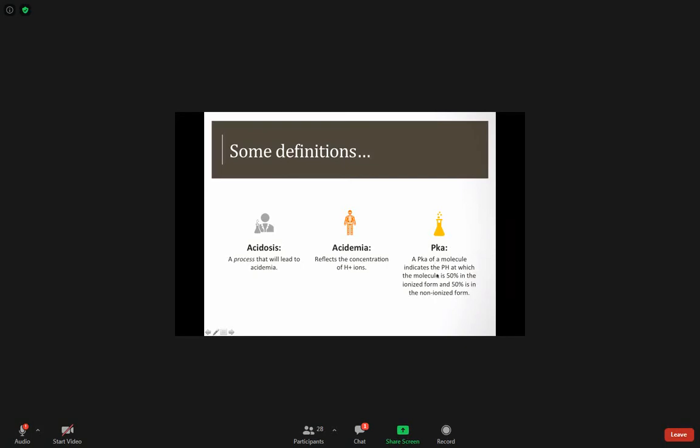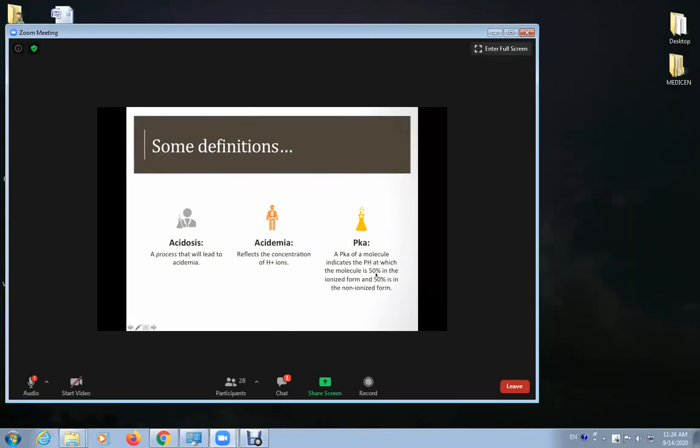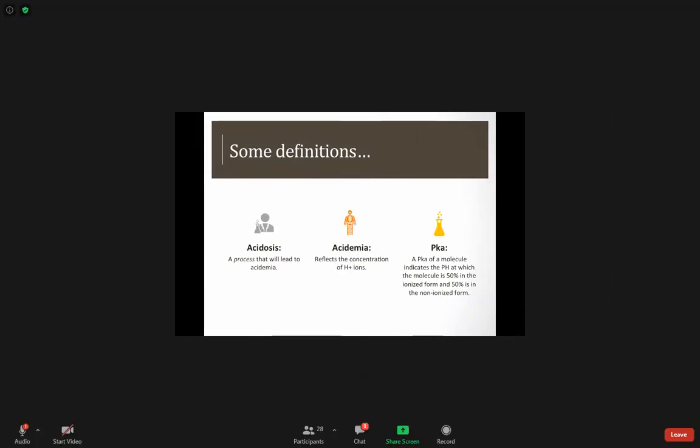I'm not going to ask you about this, but I want you to understand because it's important to understand how we treat aspirin. So pKa is the pH of the media, like the blood, at which 50% of the drug is ionized and 50% is non-ionized. When we say ionized, it means it has a charge, positive or negative. Non-ionized has no charge.